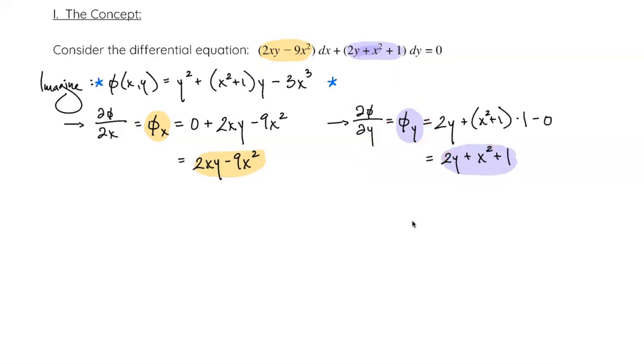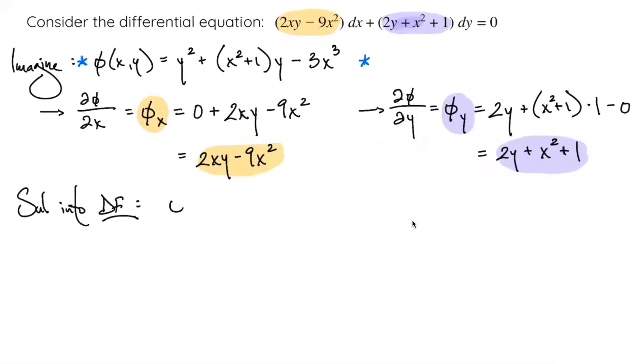Okay. So sub into the differential equation, and we're going to get phi sub x dx plus phi sub y dy equals 0. And again, this is the same as the other light purple, and this is the same as the other yellow.